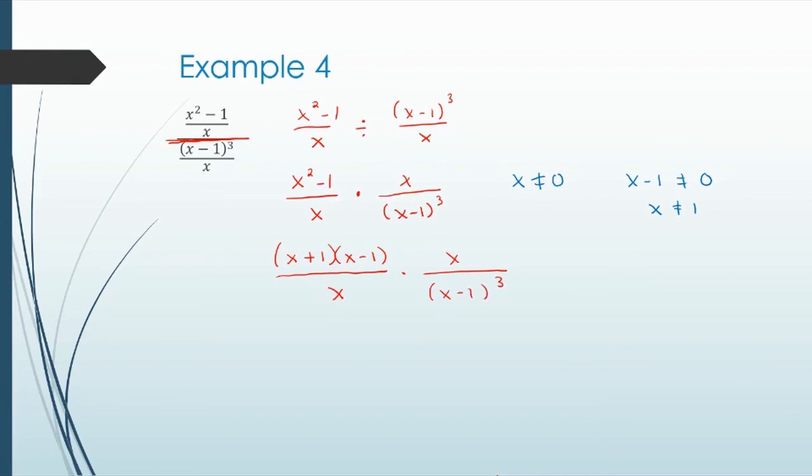So now I can cancel out the x's because there's one on top and one on the bottom. And then if I look at the x minus 1's, I can cancel one of those out, but the x minus 1 cubed means that there's actually 3 of them.